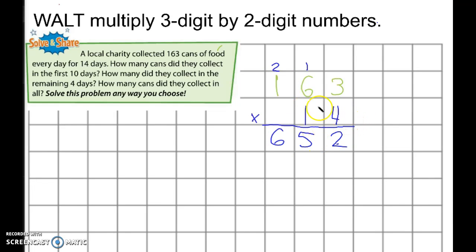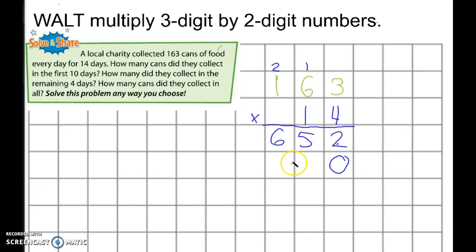Next step, we move over and we multiply by this 1. But the value of that 1 isn't actually 1. It is 10. So being that this 1 is a 10, I have to put a 0 right here. Then I can multiply like I did before.